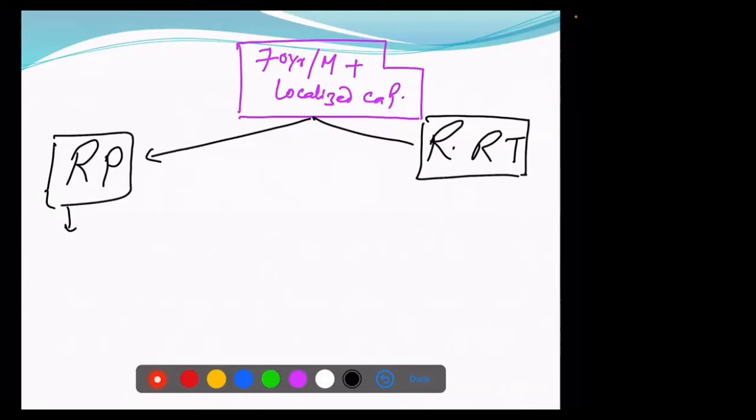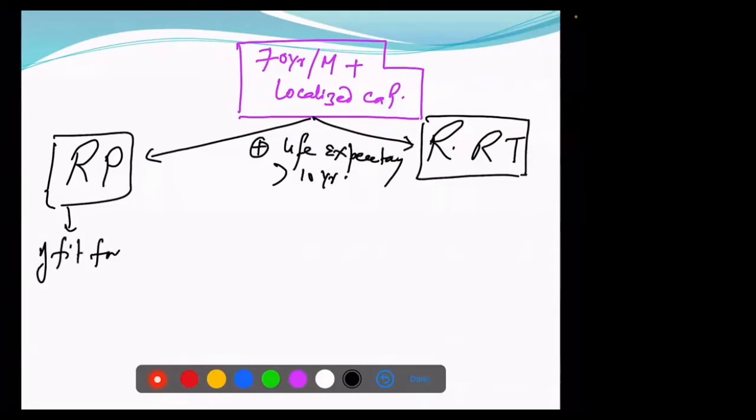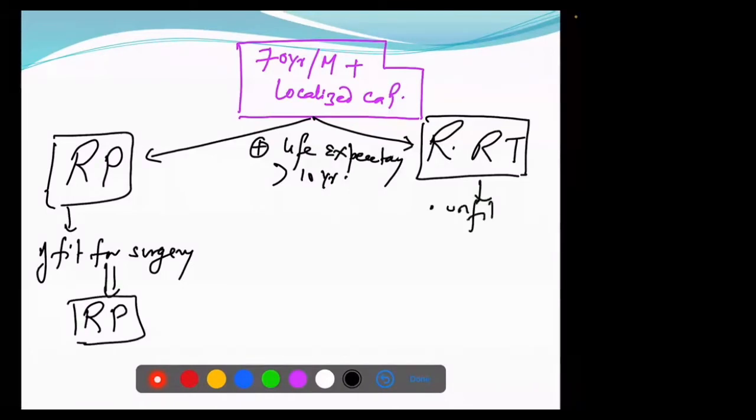For both, the patient's life expectancy should be more than 10 years. If fit for surgery, it is better to go for radical prostatectomy. If unfit for surgery, you can go for radical radiotherapy.